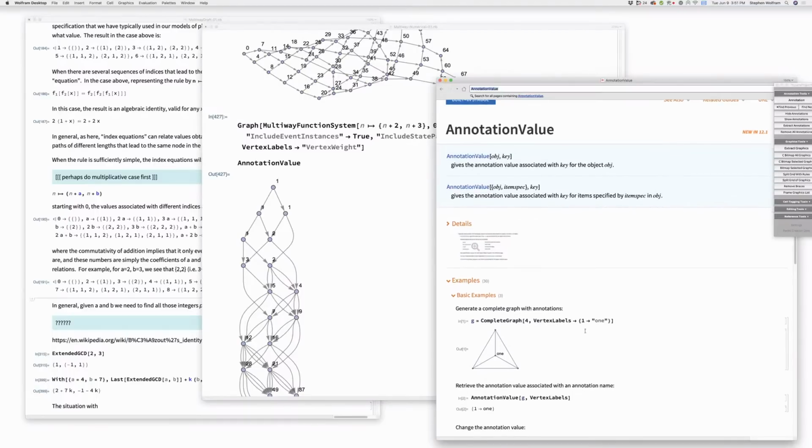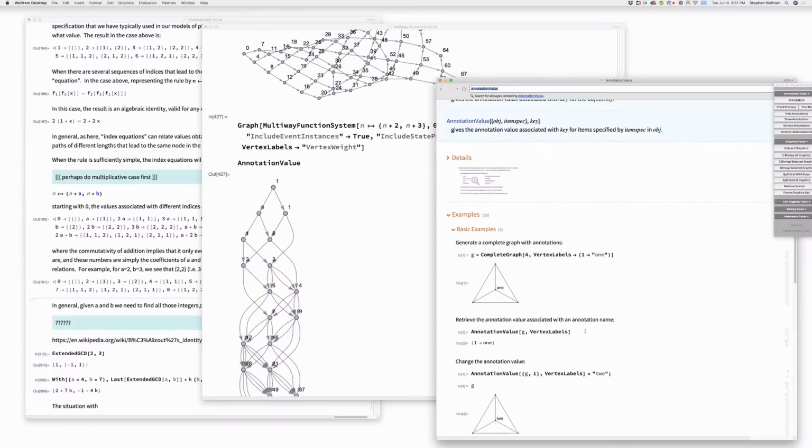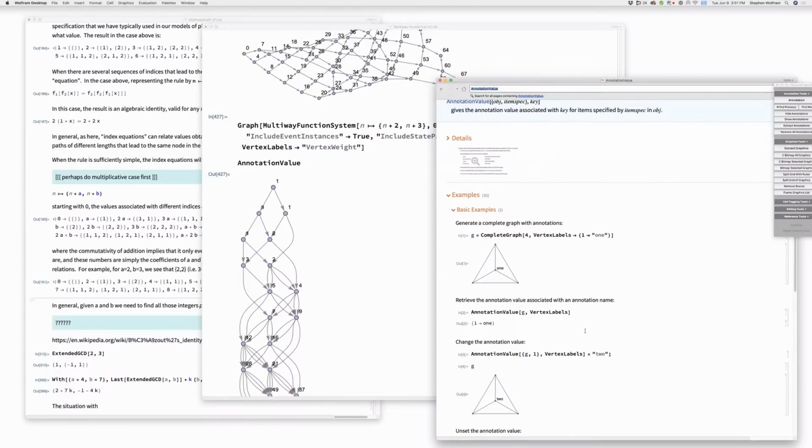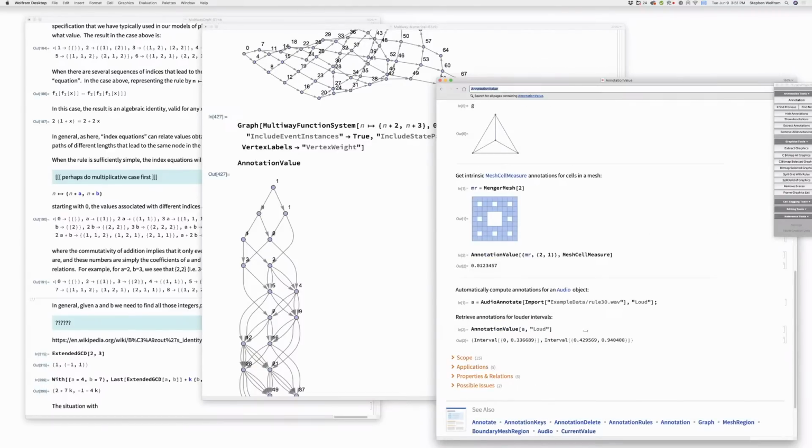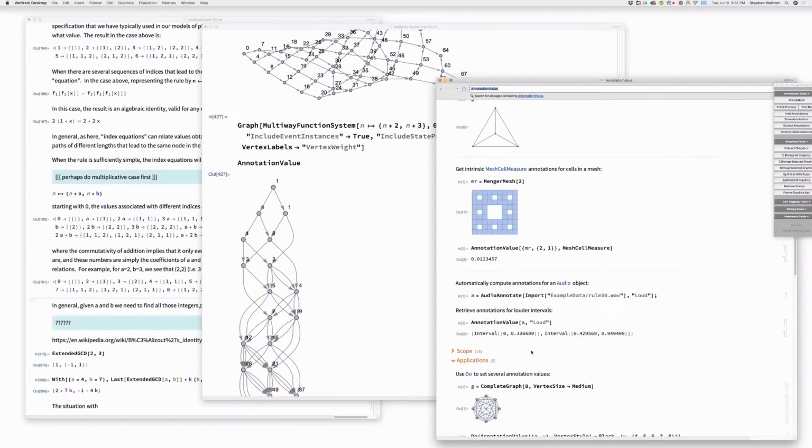Okay, I have a complete graph with annotations. Okay, so now how do we use the annotation value? Where are the annotation values?